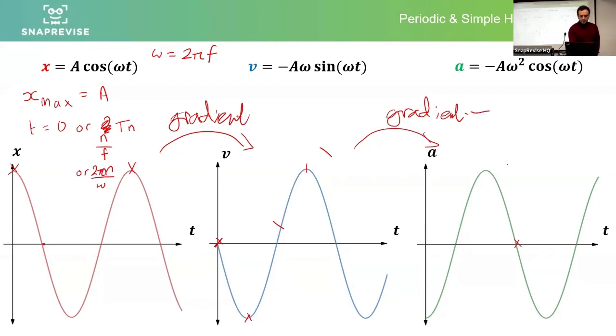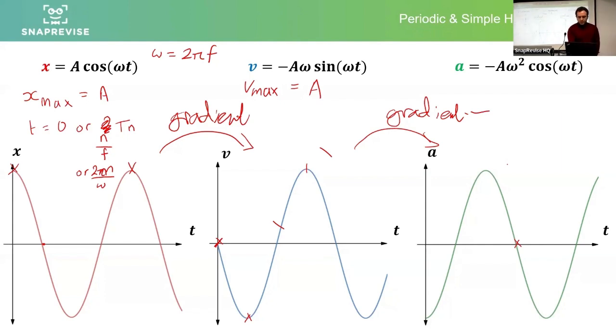Okay, what about our maximum velocity? When do we get our fastest motion? And what is the value? Well, the value, just looking at this mathematical function, sine and cosine, these two trigonometric functions always take values between -1 and 1. They can't ever be greater in magnitude than 1. So they're not super extreme.